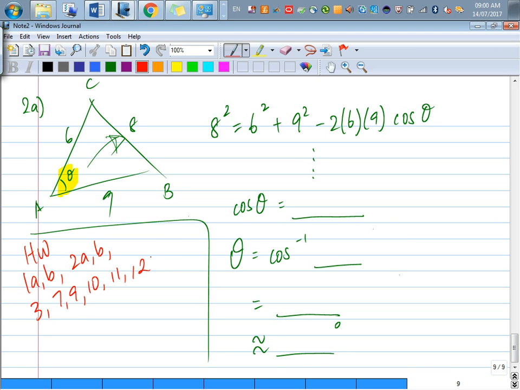Because you need to practice your cosine rule by Wednesday. So Wednesday will be 19.